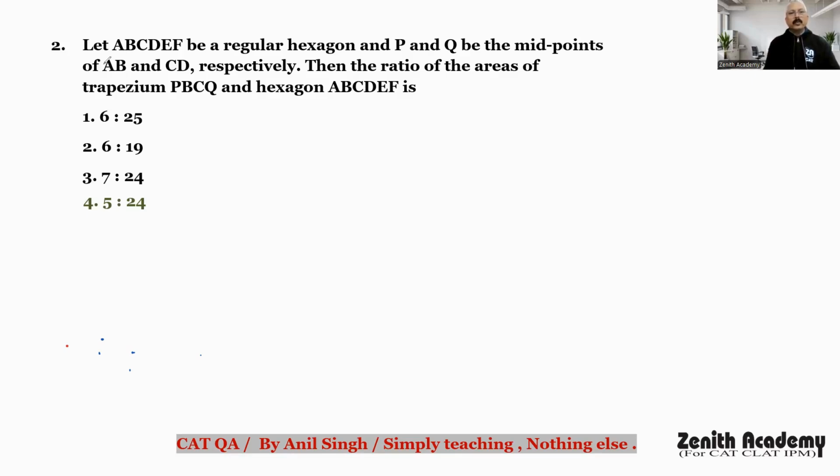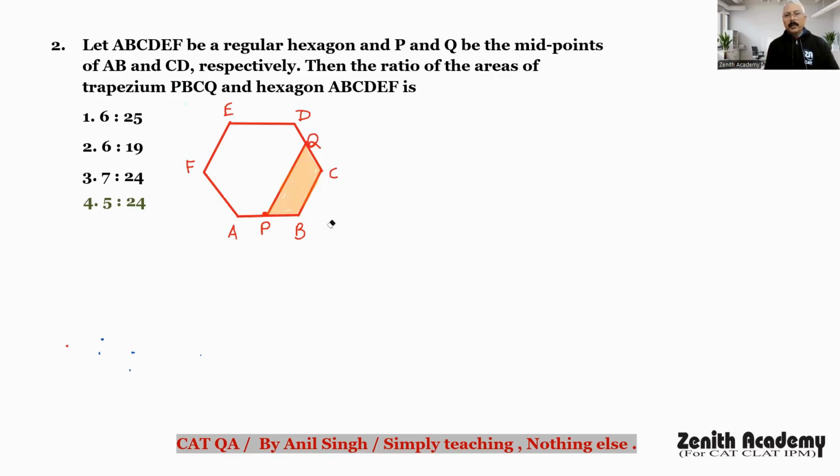So now question number 2. Let A, B, C, D, E, F be a regular hexagon and P and Q be the midpoints of AB and CD respectively. Then the ratio of the areas of trapezium PBCQ and hexagon ABCDEF is. Okay, so here first we draw the figure.